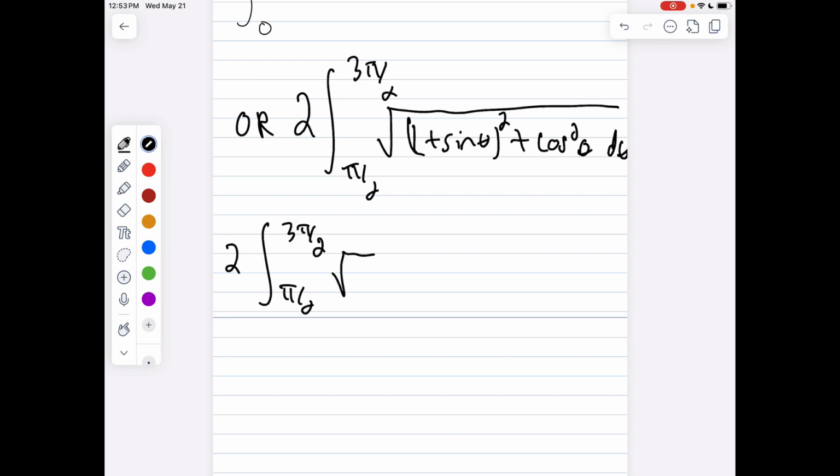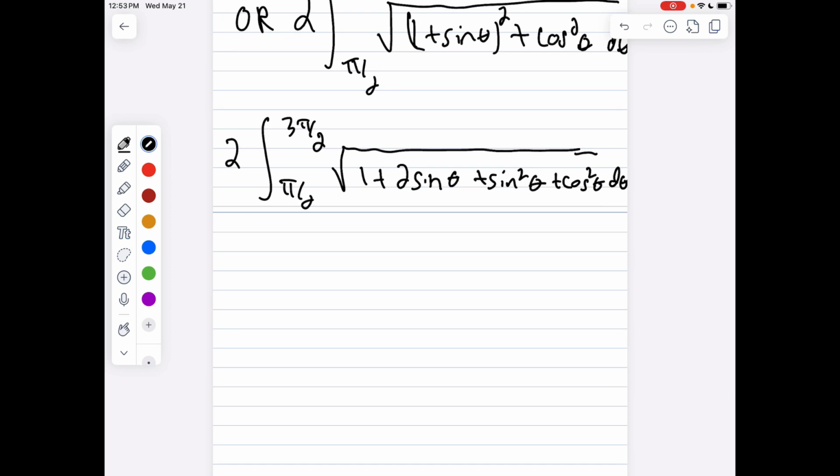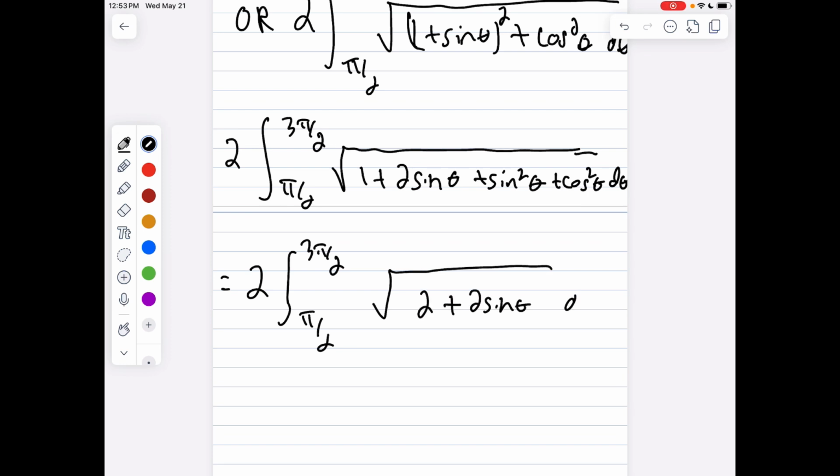I'll square 1 plus sine theta, and that gives me 1 plus 2 sine theta plus sine squared theta plus cosine squared theta, d theta. Sine squared plus cosine squared is 1 by the Pythagorean identities, and 1 plus 1 is 2. So you have 2 times the integral from pi over 2 to 3 pi over 2 of the square root of 2 plus 2 sine theta d theta.